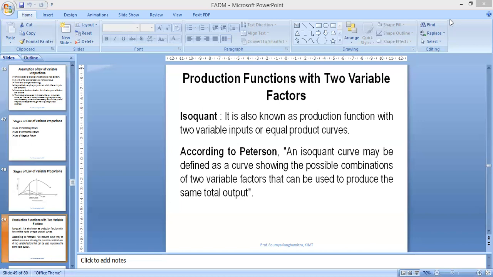Since an equal product curve represents all those combinations of inputs which yield an equal quantity of output, the producer is indifferent between them. Therefore, another name for isoquant is production indifference curve.